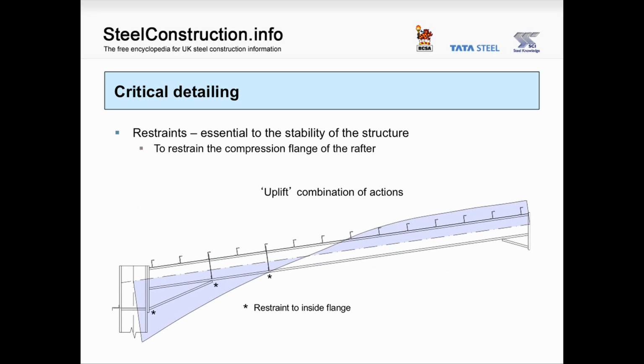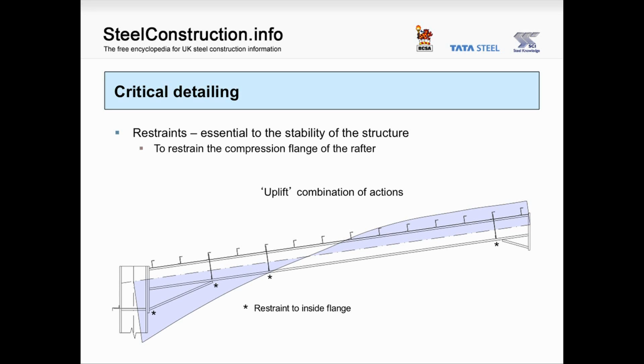In the reversal combination, then over the haunch length and adjacent to the haunch, the compression flange is the outside flange, and the purlins are providing adequate restraint. But now the unrestrained flange is the inside flange adjacent to the apex. And it's very likely that we would need to provide one or more restraints in that zone.